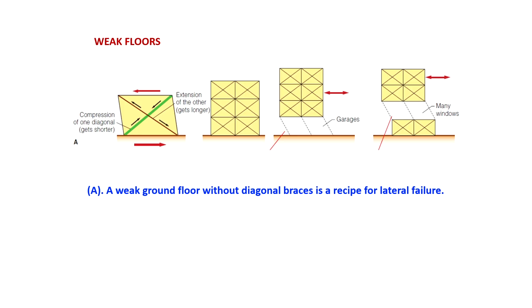In most of the houses where people have used wood, you will come across diagonal braces. These diagonal braces are very important because they will not allow the walls or the structure to move in such a fashion. They will provide some strength to that.